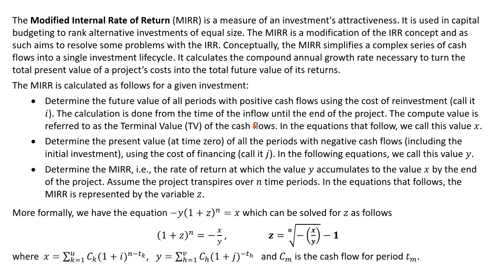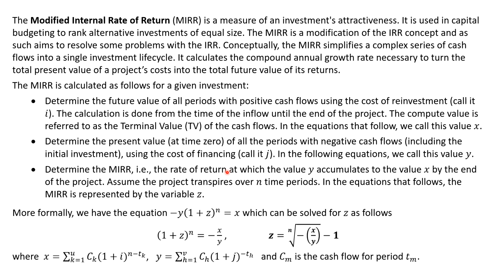So the formula is a bit complicated. Let's go through this slowly. There's different parts to it, and then we get a final solution, this thing Z down here. So we first determine the future value of all periods with positive cash flows using the cost of reinvestment. In other words, how much money you can make by reinvesting these cash flows.